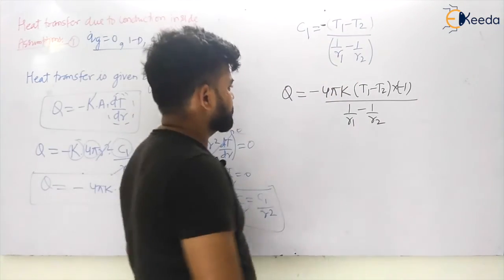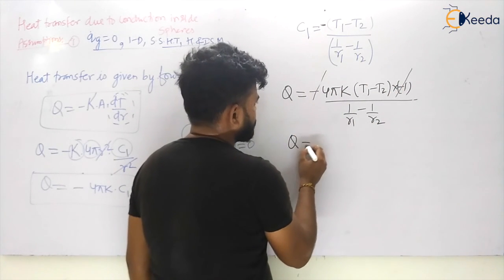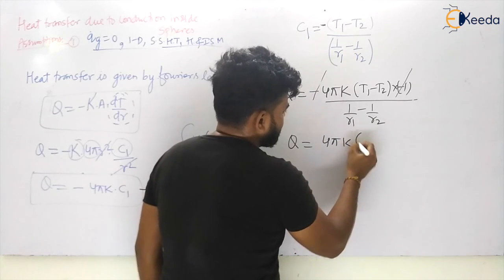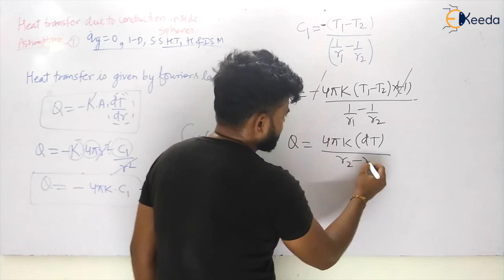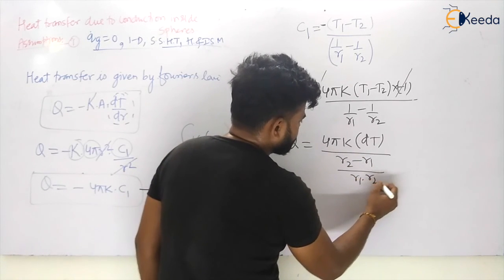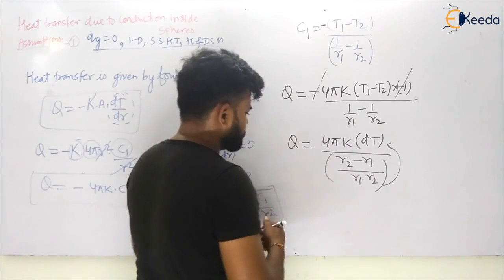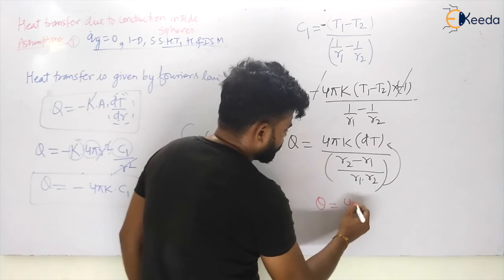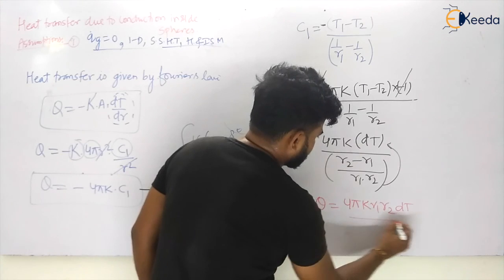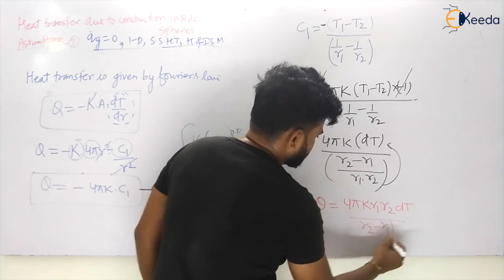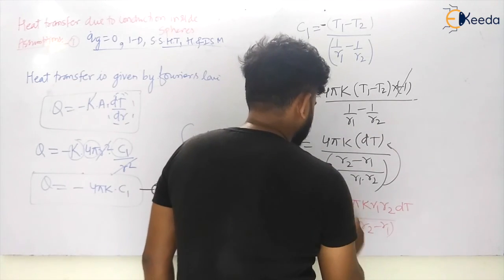So the minus sign and minus sign will go. So I will have Q is equal to 4 pi K delta T, 1 upon R2 minus R1, R2 minus R1 divided by R1 R2. So for carrying this value to the upper side, this will become Q is equal to 4 pi K R1 R2 delta T divided by R2 minus R1. This will be some value.